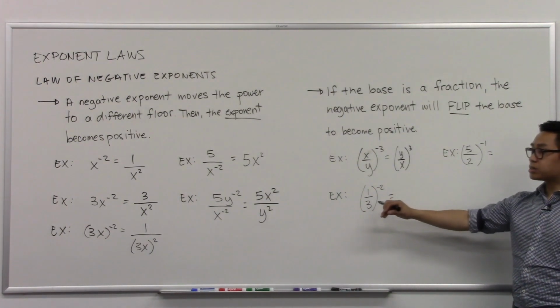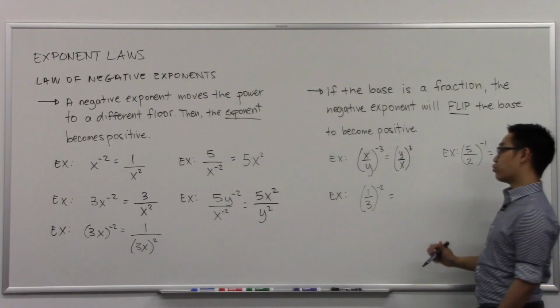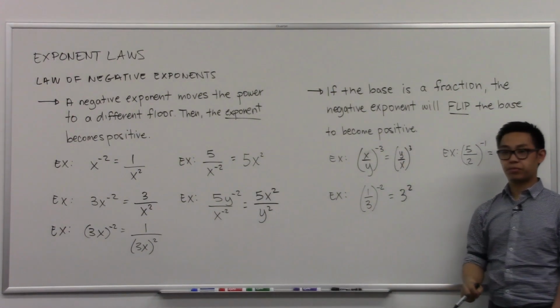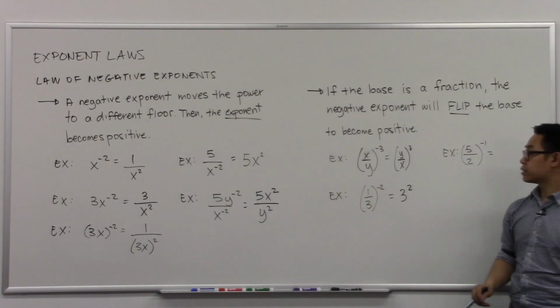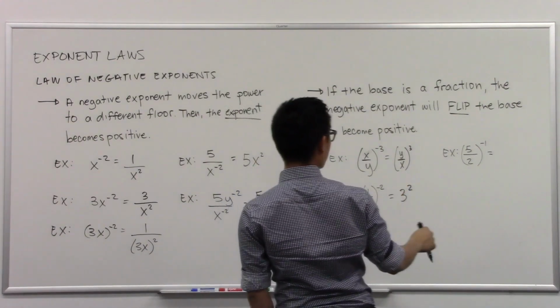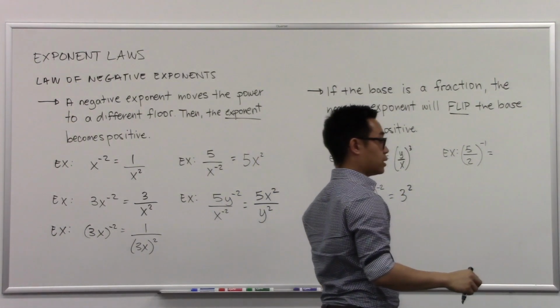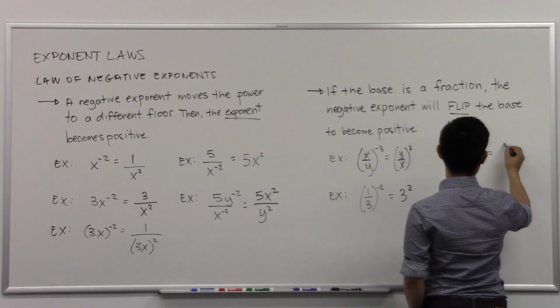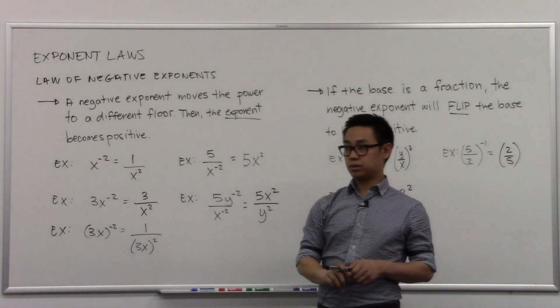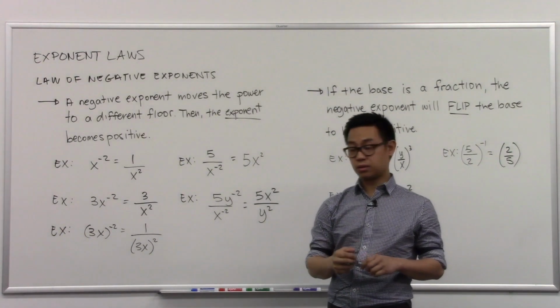To make this one positive, 1/3, it's going to flip the 1/3 to make it 3 to the 2. Then for 5 over 2 to the negative 1, of course, it's just going to flip it, and we don't need to write 1. Okay?